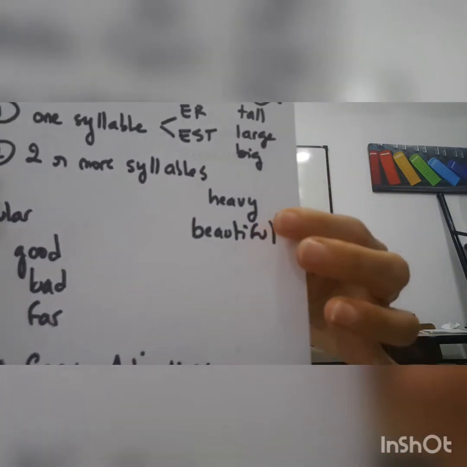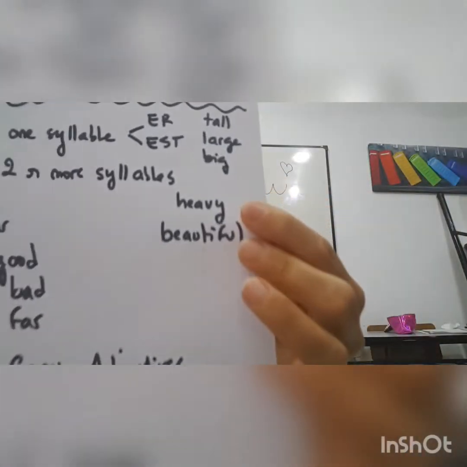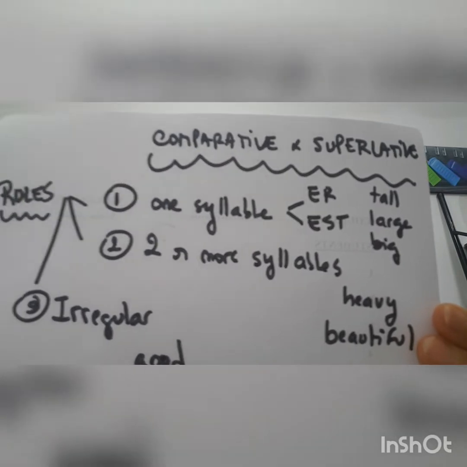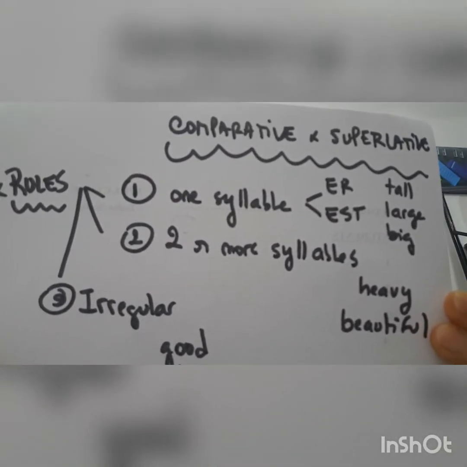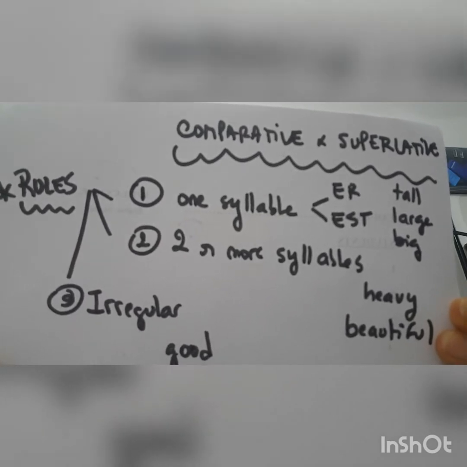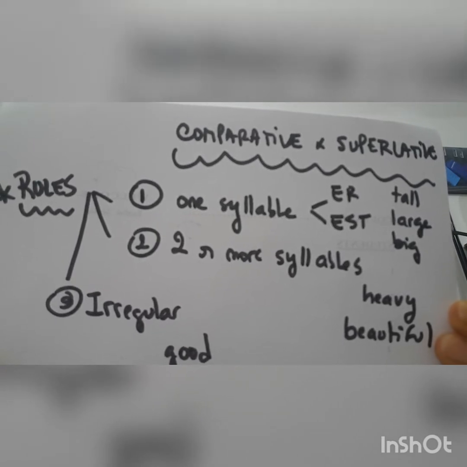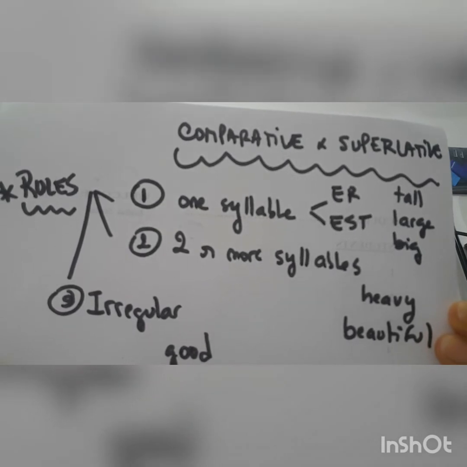Then we have the cases of the so-called long adjectives, which are the ones with 2 or more syllables. And in this case, I wrote the 2 cases that generally appear, which are the ones that finish in Y. So they have two syllables, heavy, pretty, easy. Yes, in this case I wrote heavy, but those are the typical ones.